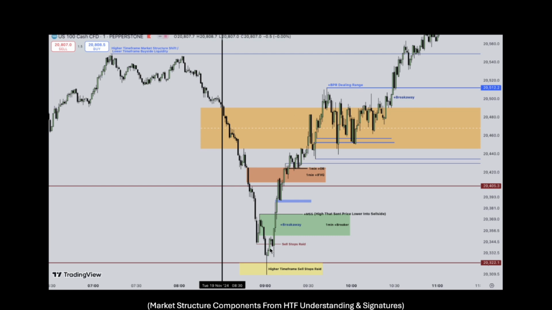So moving on, market shifts, goes back into this BISI, quickly goes above it, continues higher into the premium relative to the dealing range that we've spoken about. And also, I want to give you an example of some form of a discount in terms of price and time, not based on a dealing range.